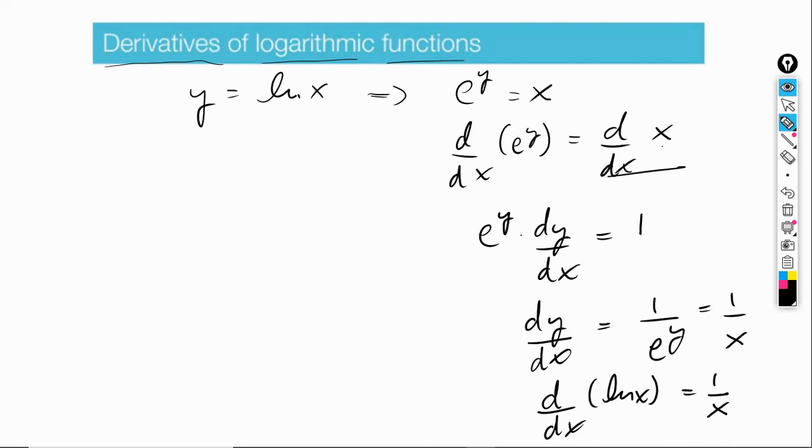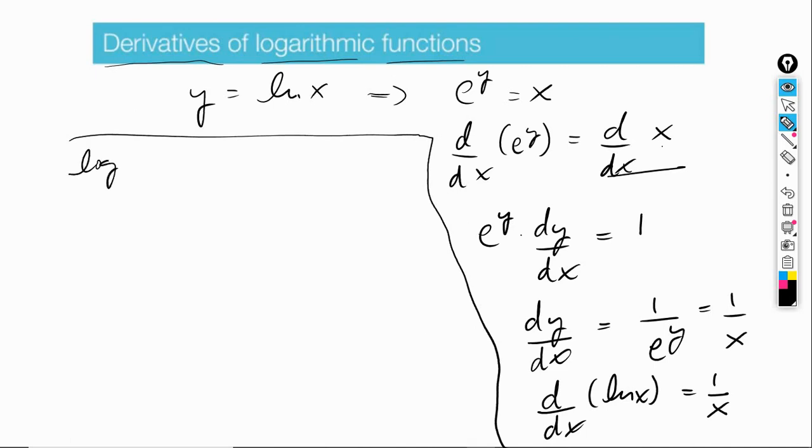Now, this is the case when we have a natural logarithm. But what happens in the case of a different base for logarithmic functions? So let's separate this here for a second, and let's suppose we have an expression like log base b of x. We can do a change of base. Remember that this is the same as saying natural logarithm of x over natural logarithm of b.